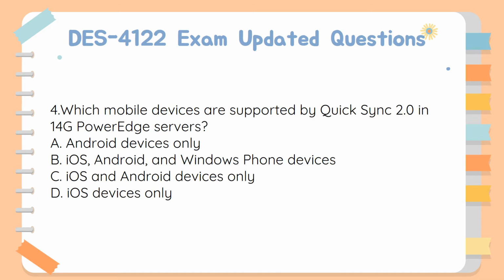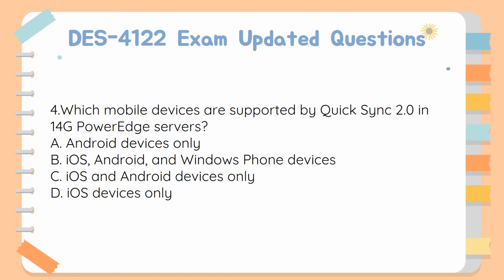4. Which mobile devices are supported by Quick Sync 2.0 in 14G PowerEdge servers? A. Android devices only. B. iOS, Android, and Windows Phone devices. C. iOS and Android devices only.